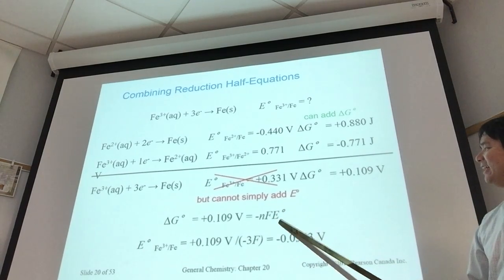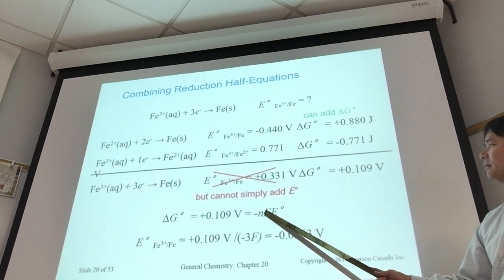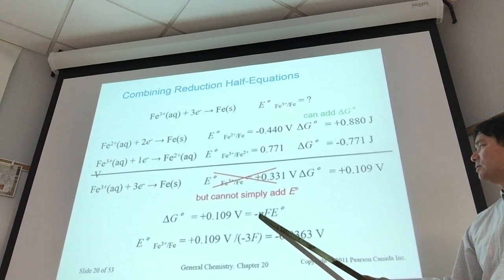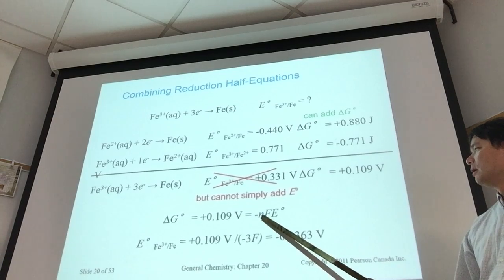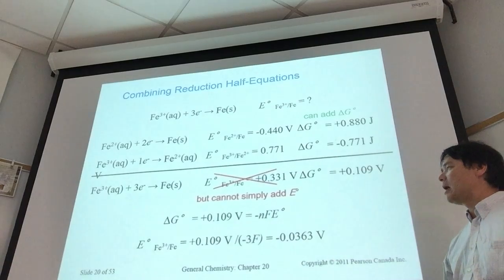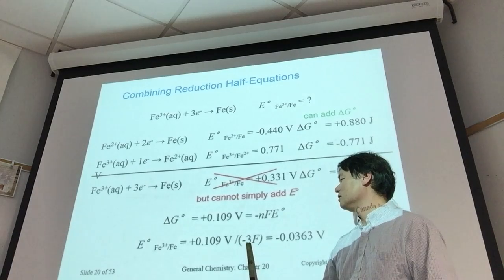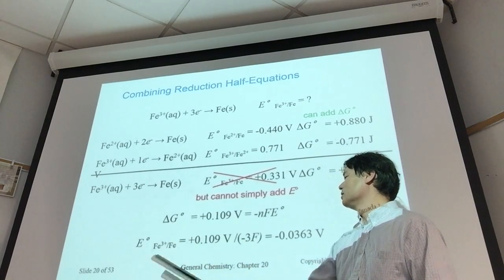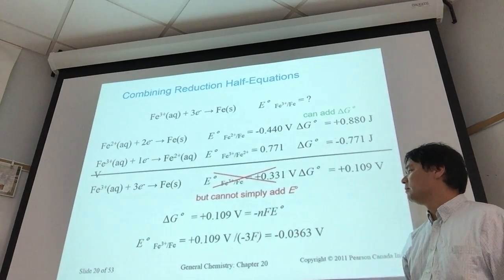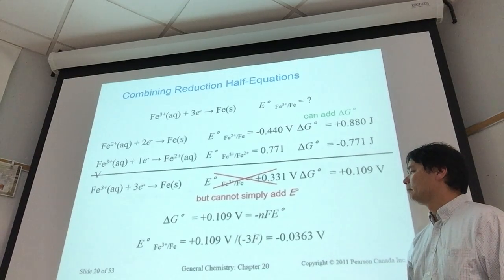Well, we have the E, we have the F, and we have Z, but now it's N, but Petrucci was switching back and forth from N and Z, so you should be able to do so as well. N or Z will be the number of moles of electrons transferred in the balanced redox. Well, this is going to be the balanced redox, so we see that 3 moles of electrons are transferred. So that would be here, 3 moles of electrons. And then the Faraday constant's given before, 96,485 coulombs per mole. And then we plug it in here.